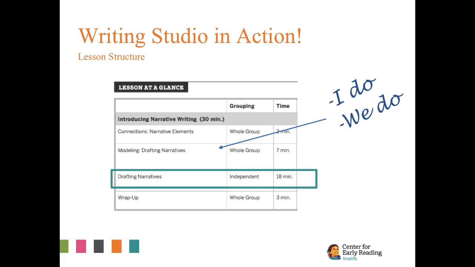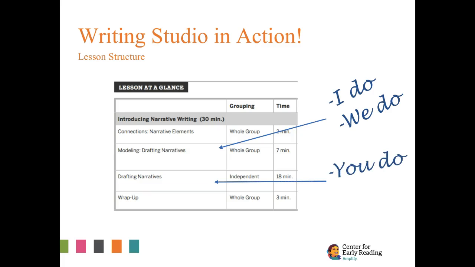Next, it's time for students to practice the skills you just modeled, kind of like the you do portion of the day. Lessons end with a wrap-up, which may include reflection, revision, or foreshadowing for future lessons. Now let's dig into each of these inside an actual Writing Studio lesson.